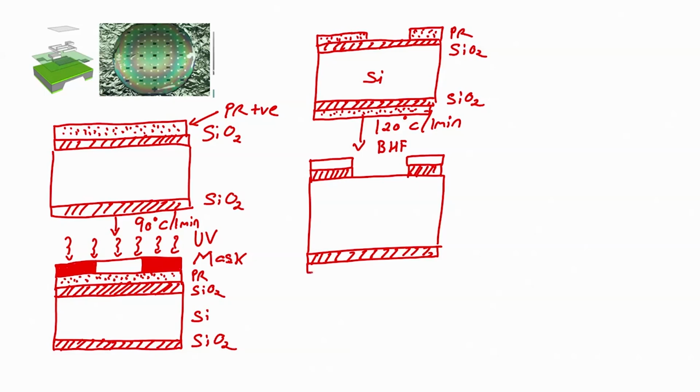Then we will go for BHF. This will protect my oxide on the other side of the wafer. So, what do I have? I have PR, SiO2, silicon, again SiO2, and positive photoresist on both sides of the wafer.